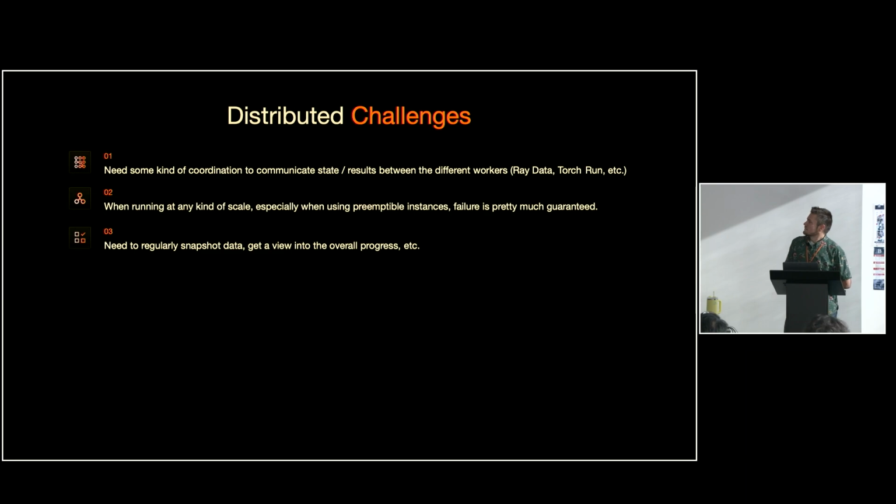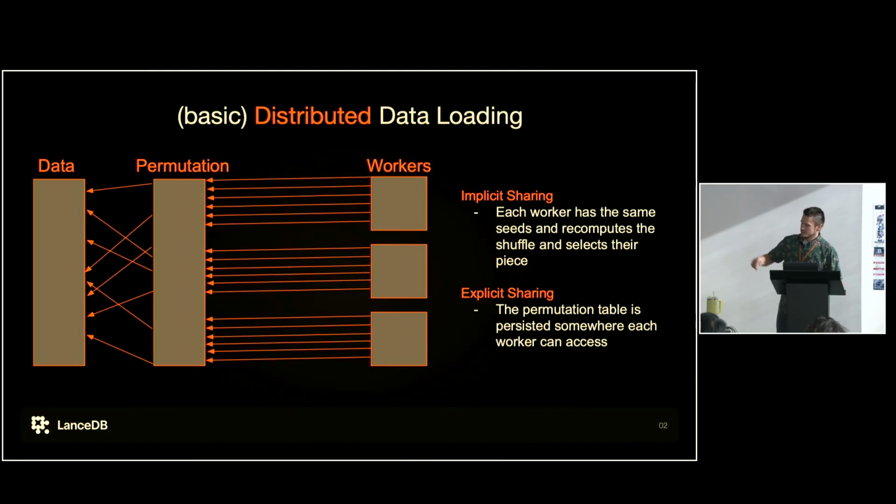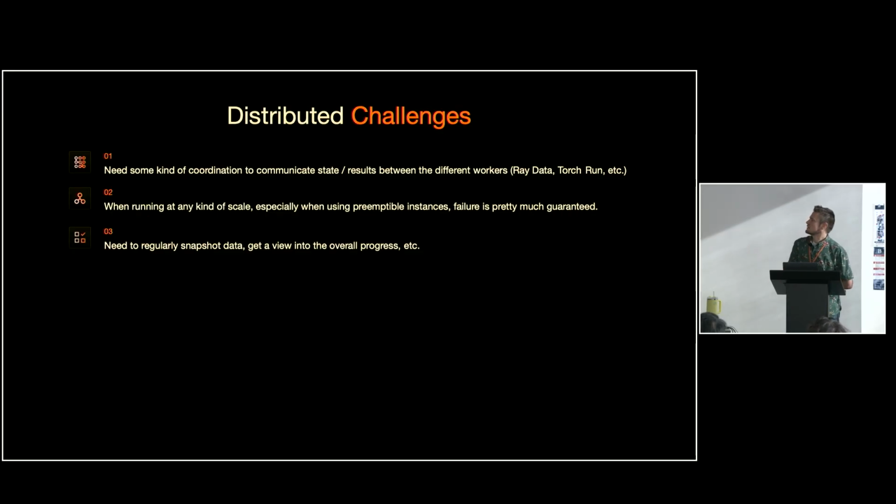It does introduce a few more challenges in addition to what I was just talking about. When you're doing distributed data loading, you need some kind of coordination layer that tells all your different workers to go start and tells them which ones to collect. When you're training the model, you often have to send the model state between the different workers to synchronize and communicate.